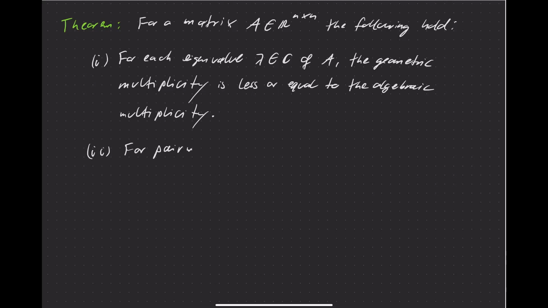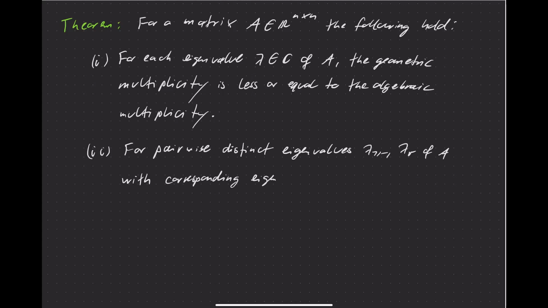For pairwise distinct eigenvalues lambda 1 to lambda r of A with corresponding eigenvectors, so we take any eigenvectors here, v1 to vr, one for each eigenvalue, the set v1 to vr is linearly independent.